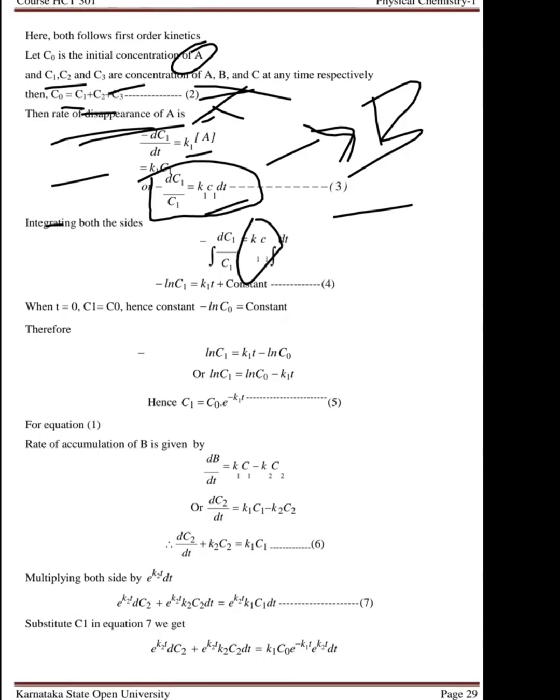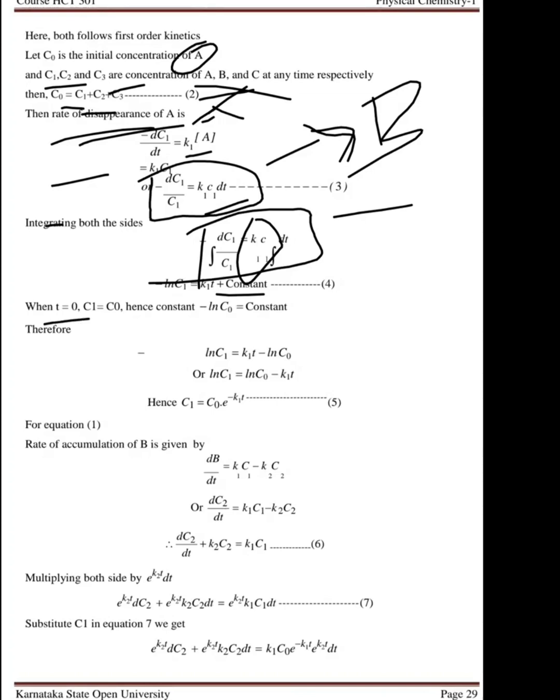So it can be written as minus ln of C1 is equal to K1 into t plus a constant, where K1 is the rate constant of formation of B.